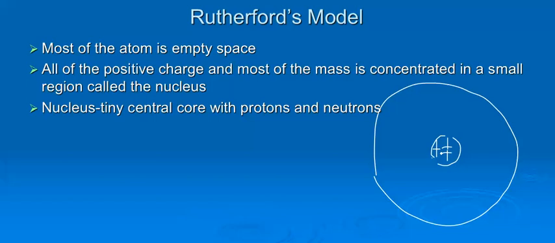So Rutherford came up with the idea of the nucleus, which we still hold today, which is the tiny core with protons and neutrons. So most of your mass is in the nucleus. All of your positive charge is in the nucleus because that's where the protons are. And then the electrons are simply floating around outside this nucleus.